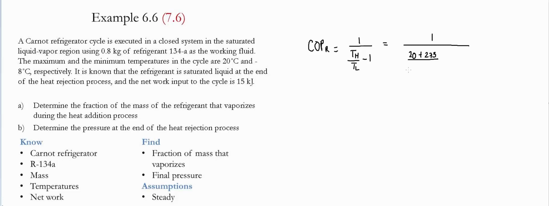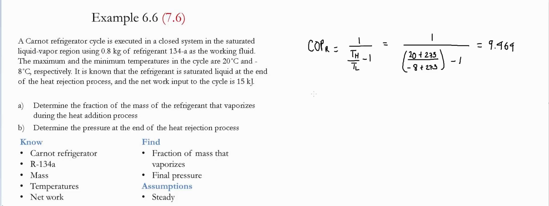The value of TL is -8, and once again, we have to add the 273 to make it into Kelvin, minus 1. If we calculate this, we find that the coefficient of performance for the refrigerator is equal to 9.464.